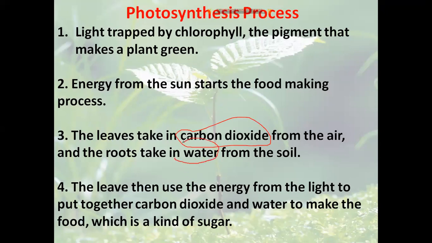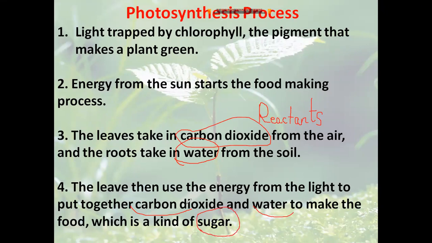These two are called the reactants in the reaction of photosynthesis. Then the leaf will use the energy from the light to put together, meaning to add, carbon dioxide and water in order to make the food, which is a kind of sugar. But pay attention.